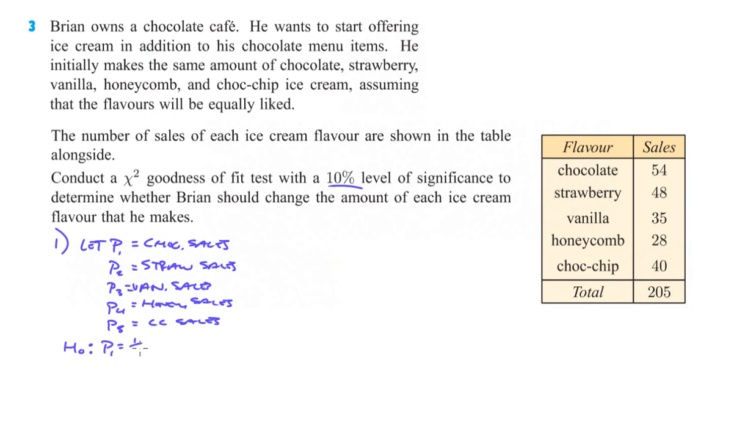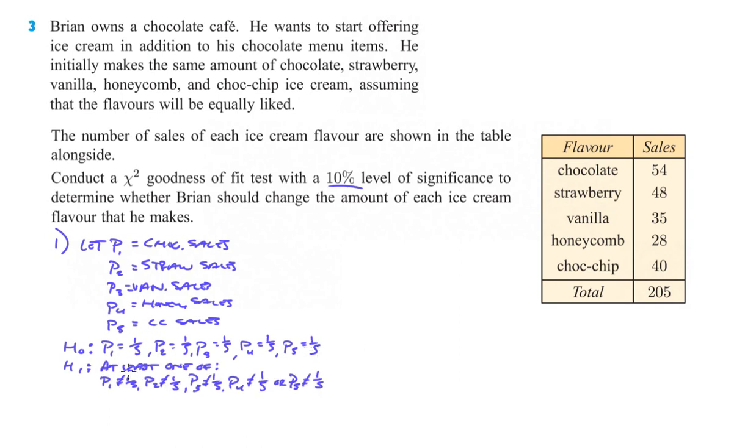So P1 will be a fifth, P2 will be a fifth, P3 will be a fifth, the probability of the fourth one, honey sales, would be a fifth, and the probability of chocolate chip sales would also be a fifth. That's our null hypothesis. Alternate hypothesis would be that all these same things are not equal to.